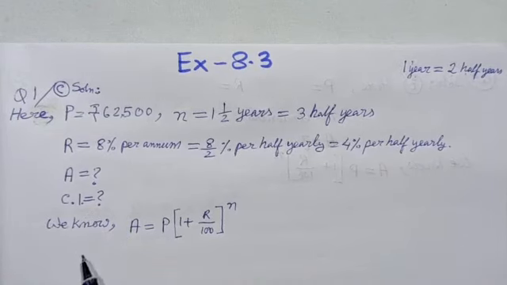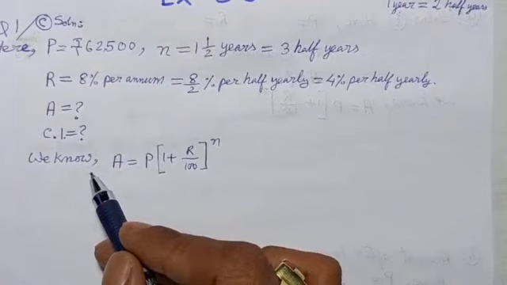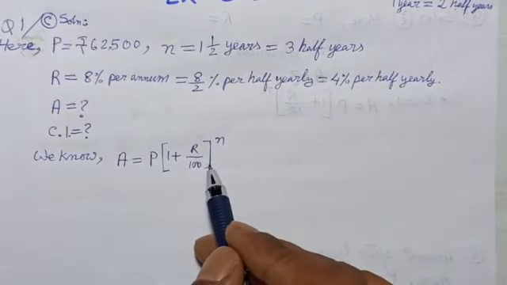Now the formula, we know: amount is equal to principal times 1 plus r by 100, whole to the power n.